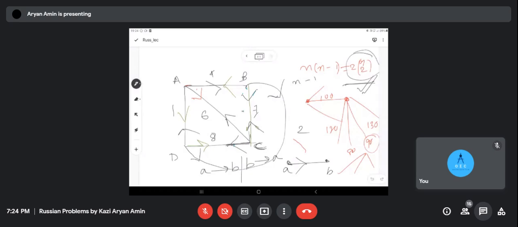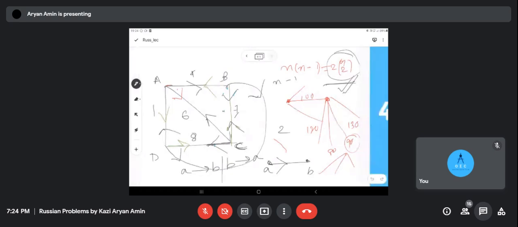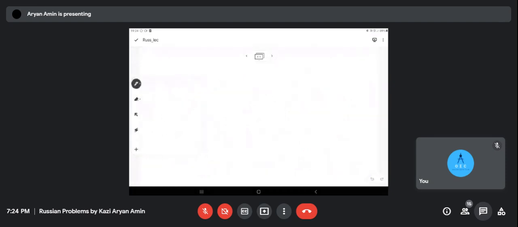So does anyone have any ideas? Suppose A1 and A0 are two given vertices, and you want to prove that there is a person that goes this way. Does anyone have any ideas? Suppose this edge weight is 100 for the sake of it.